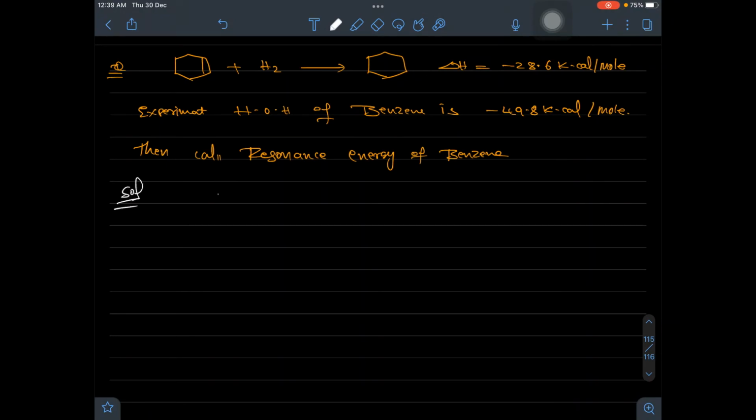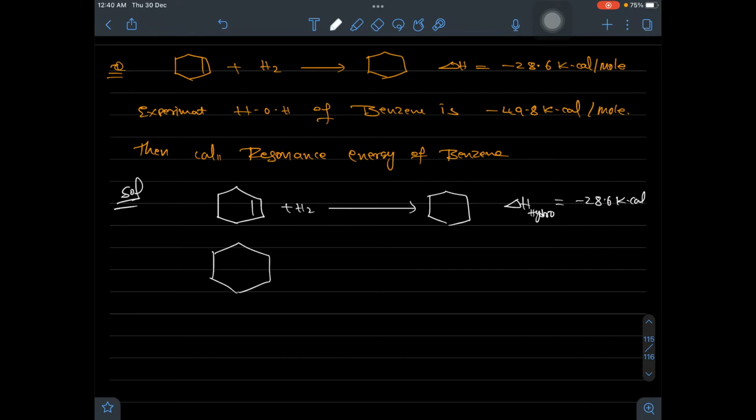Look at the solution. In cyclohexene, one double bond is hydrogenated to convert into cyclohexane, and the enthalpy of hydrogenation is minus 28.6 kilocalories. Only one double bond is hydrogenated to convert into a single bond. Based on this, if you calculate the heat of hydrogenation for benzene, in benzene 3 multiple bonds are there.